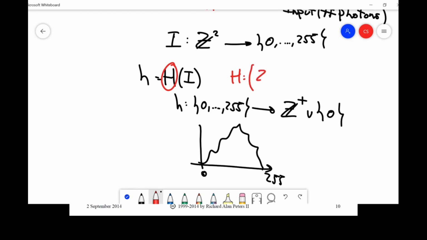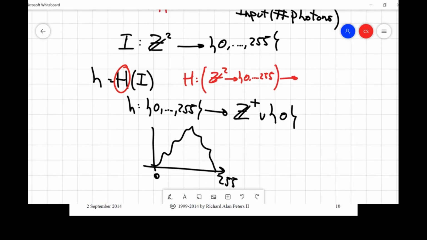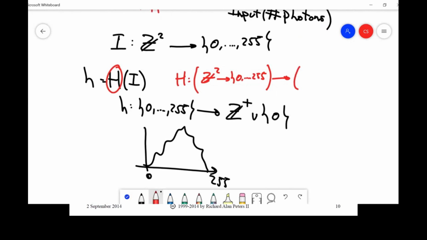It takes an image as an argument and produces a histogram as an output.